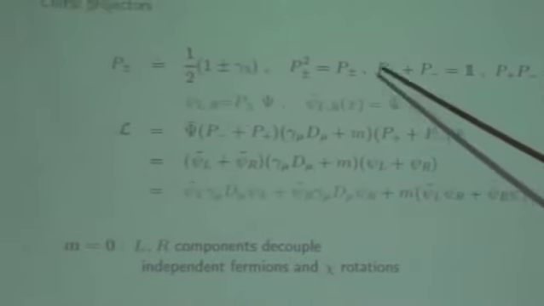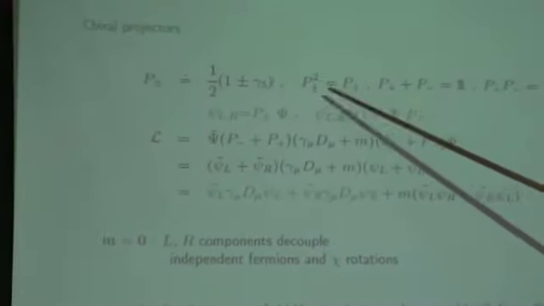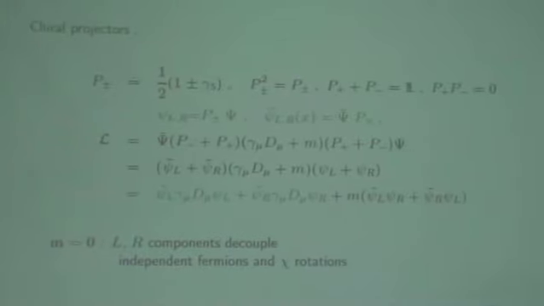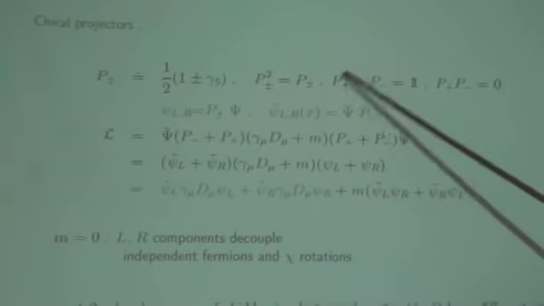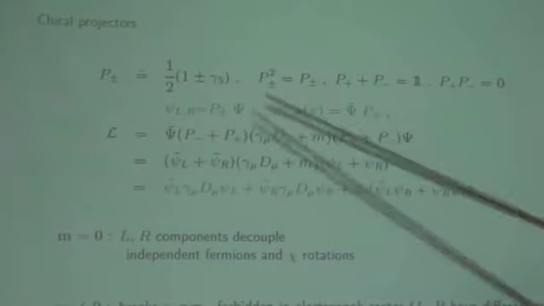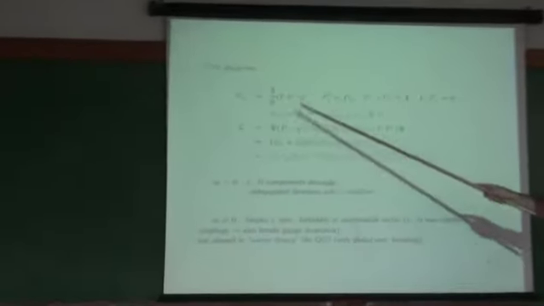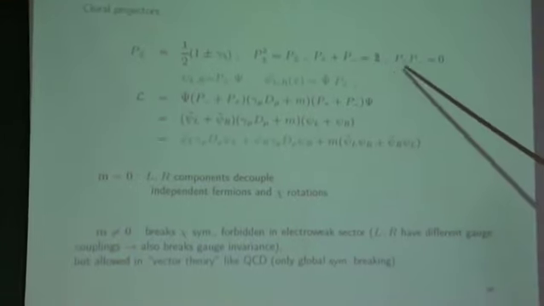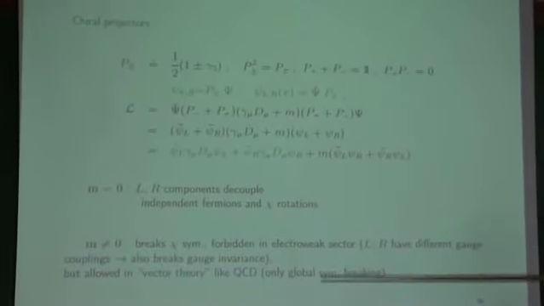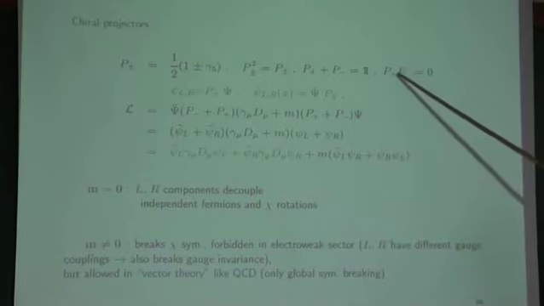So this is actually the definition of a projector, something which is invariant if you square it. You can also see that the sum of these two projectors is 1, so they project on complementary subspaces and capture everything. So summing here is obvious, that gives 1. And the product of them is 0, so they have these subspaces where they have no overlap.